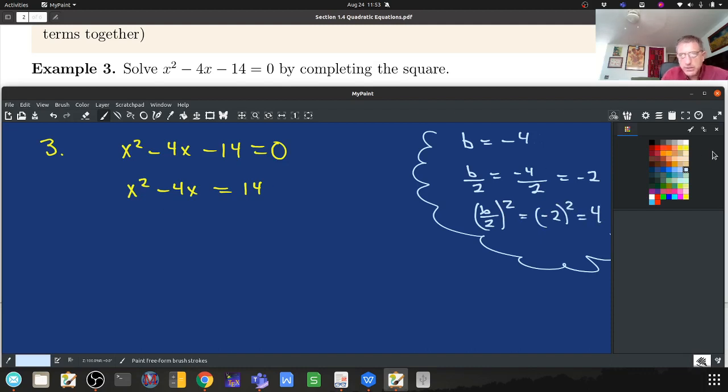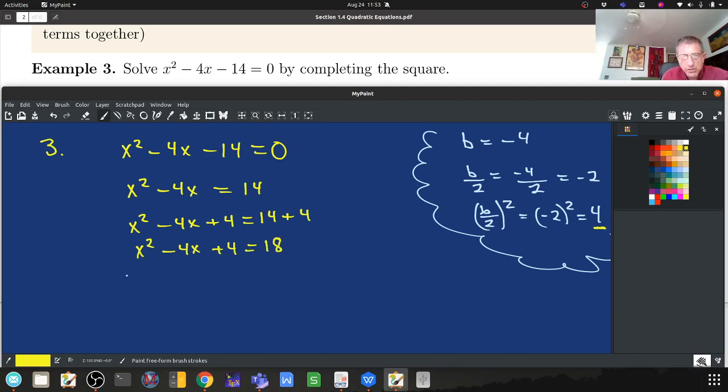So what do the instructions tell us to do? Add b halves squared, this value right here, to both sides of the equation. That allows for the following simplification: x squared minus 4x plus 4 is equal to 18.